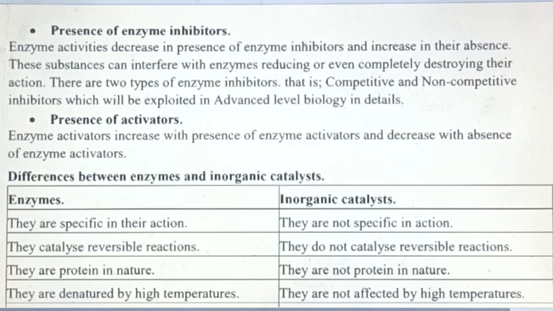So now, instead of the enzymes combining with the substrates to give us products, if an inhibitor is present, the enzyme will combine with the inhibitors, giving no reaction, because this reduces the enzyme concentration. Now, most of these inhibitors combine with the enzymes completely. So the enzyme concentration will be reduced. Hence, the presence of enzyme inhibitors decreases the rate of reaction because they interfere with enzymes, completely destroying their action.